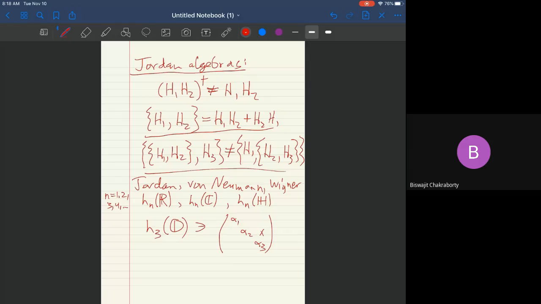So here we have the octonion x1, and across the diagonal its conjugate. Here we have x2 and its conjugate, and here x3 and x3 conjugate. This is the algebra of matrices like this, with the product again given by the anticommutator. If you take the anticommutator of 2 different matrices like this, you get another matrix just like this. So that's what the exceptional Jordan algebra is.